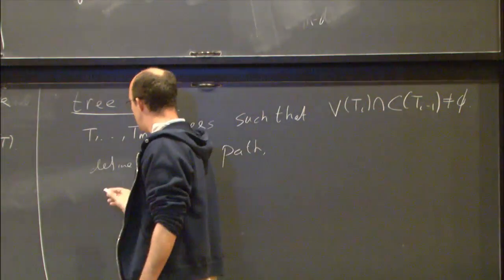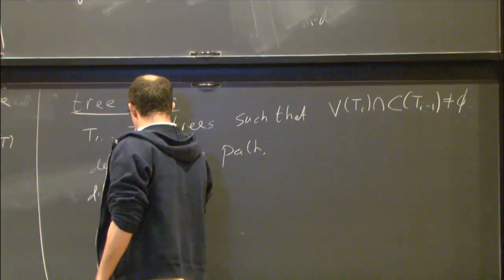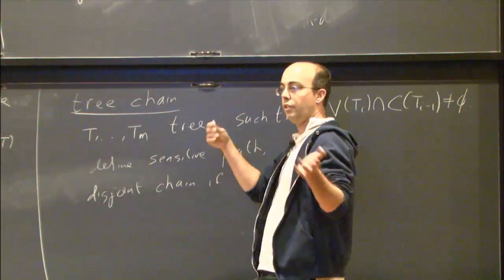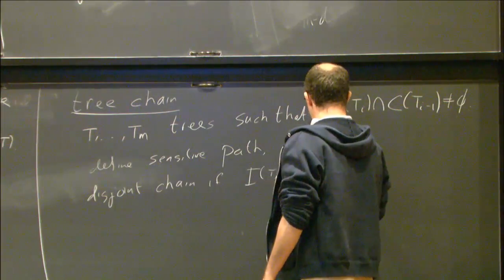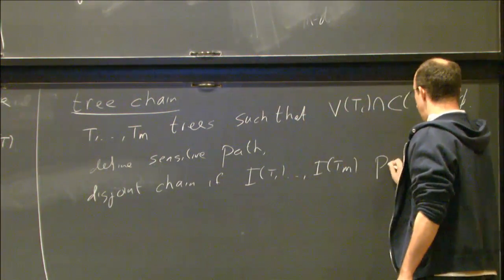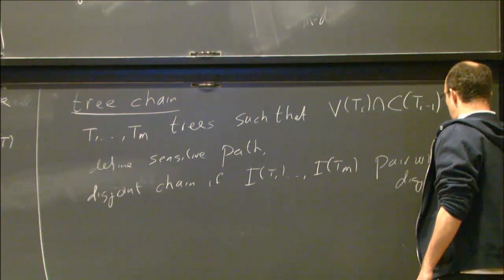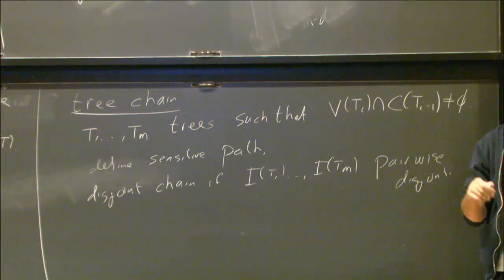So we say it's a disjoint chain if each tree goes in different directions, if I(T1) up to I(Tm) are pairwise disjoint. Okay, so now we never use the same direction more than once, and so this path is going to be short.